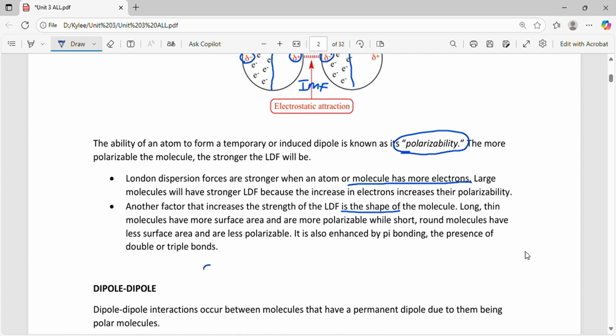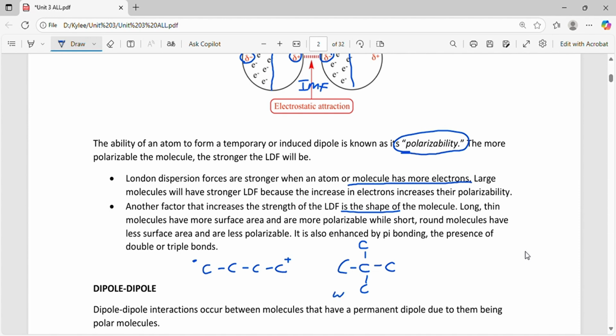If I have something that has a very long shape, like a carbon chain, then the likelihood that you're going to form a negative on one end and a positive on another is much higher. If I compare this to something like this, where there's kind of a circular shape, they're all kind of clumped together, it's less likely that we're going to have a distinct positive and negative side.